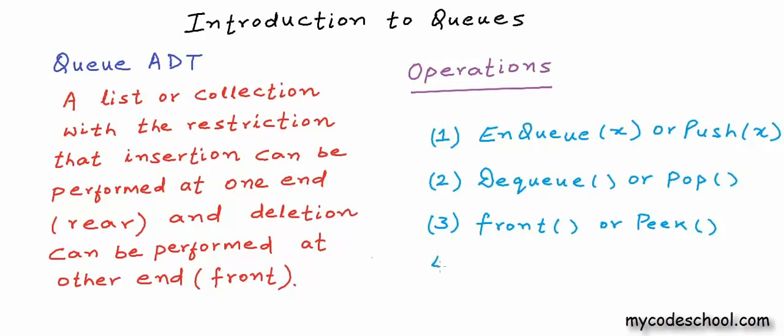Okay, we can have a few more operations. We can have one operation to check whether queue is empty or not. If queue has a limited size, then we can have one operation to check whether queue is full or not. Why I'm calling out these alternate names for operations is also because most of the time we do not write our own implementation of a data structure.